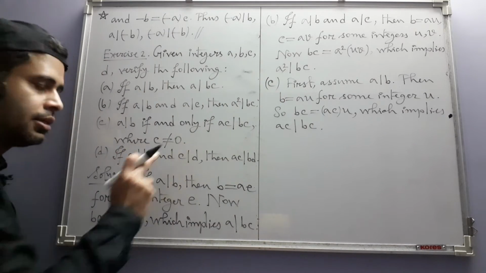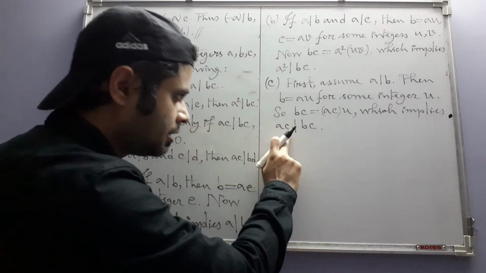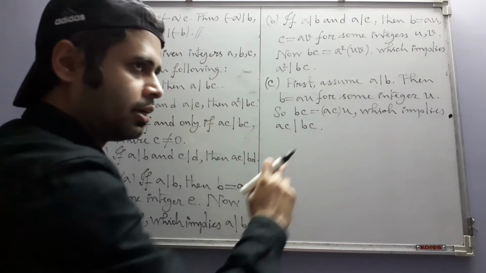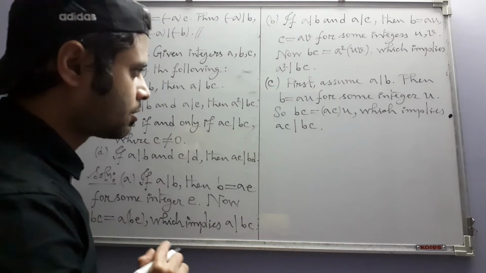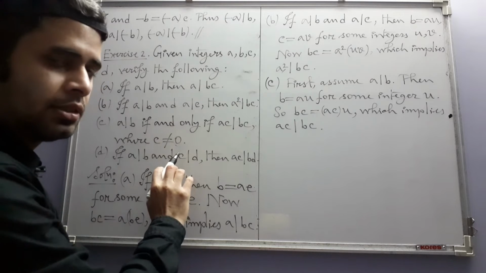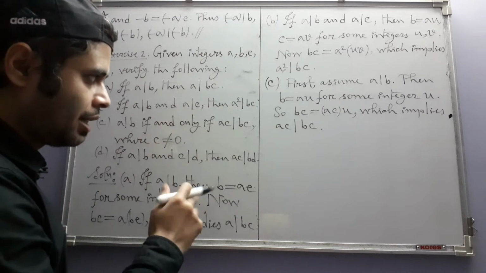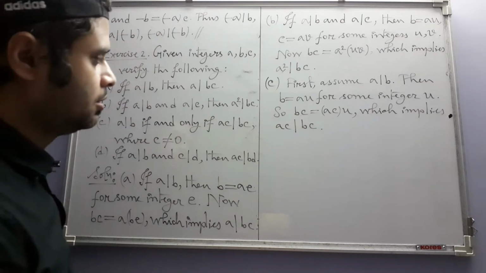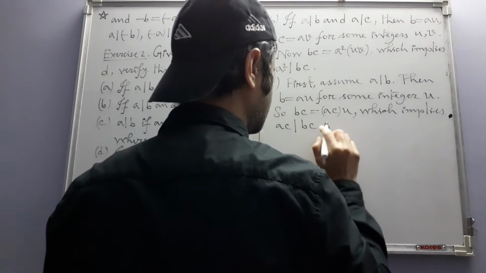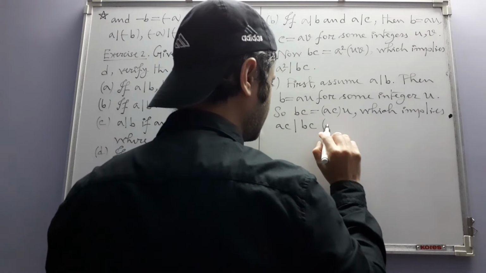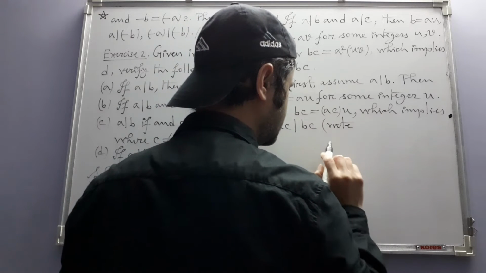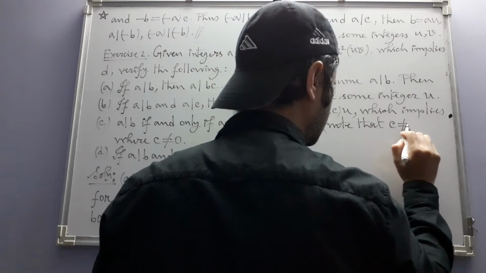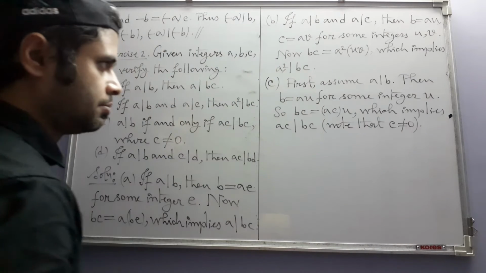Do you see that thing here that I was mentioning just now? It's given that C is non-zero, that's why AC is non-zero. Non-zeroness of A is coming from here. So that's why AC is non-zero, and it makes sense to say that AC divides BC. Just to emphasize the fact, we write here in brackets, note that C is non-zero.